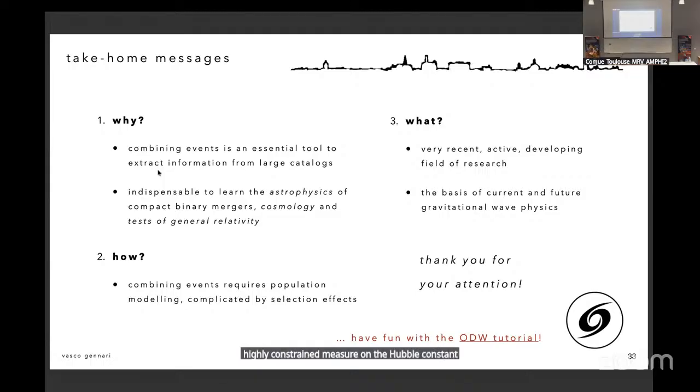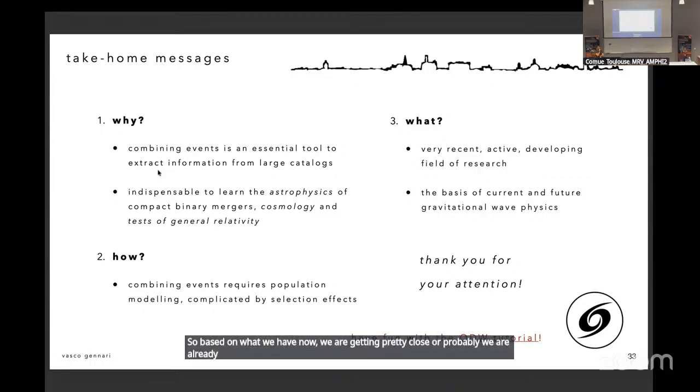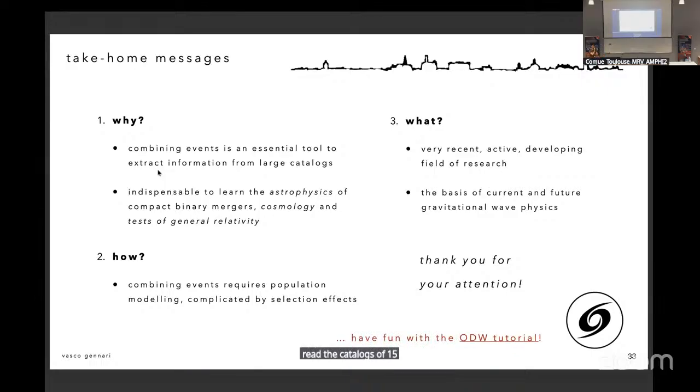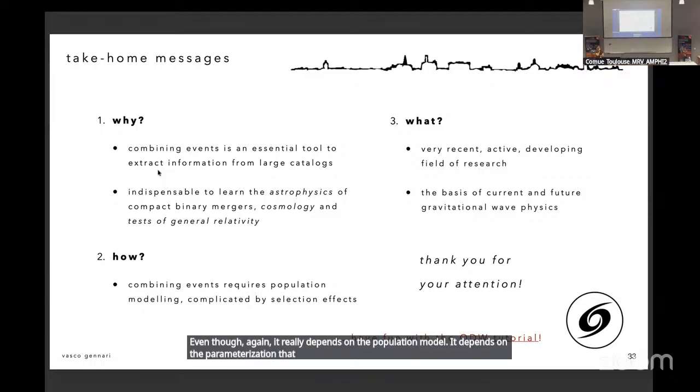Based on what we have now, we are getting pretty close, or probably already there, to the uncertainty of the only bright siren event that we got so far, 170817, with catalogs of 150 events and possibly more with GWTC-5. Again, it depends on the population model and on the parameterization that you use. If you recover sharper features, then your measurement gets better, and you can increase the constraining power on H0.